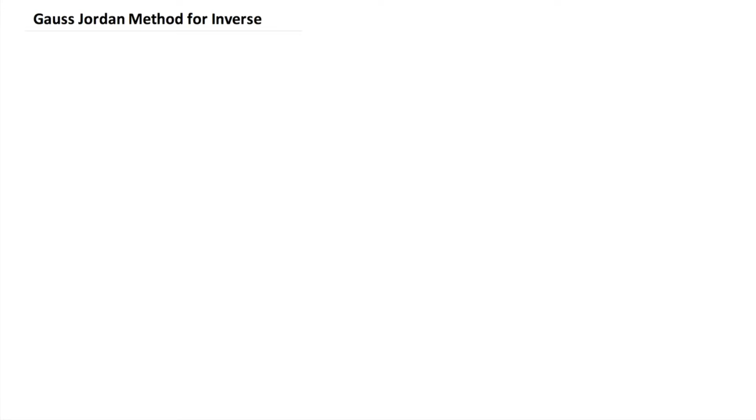So let's say I want to find the inverse of a matrix A, where A is equal to [3, 0, 2], [2, 0, -2], [0, 1, 1]. All right. So we begin this method by writing down A, and then we write down the identity matrix right next to it.